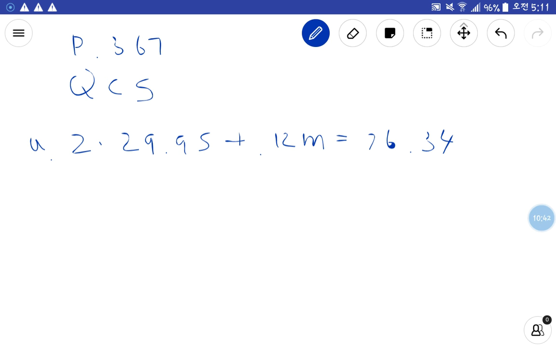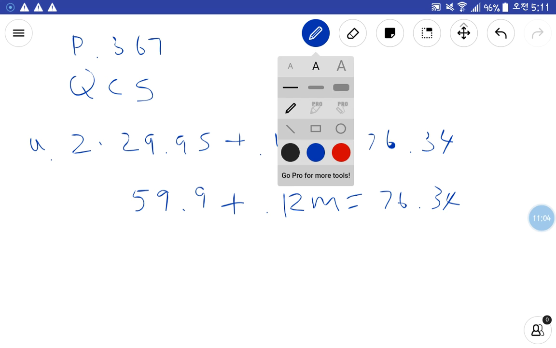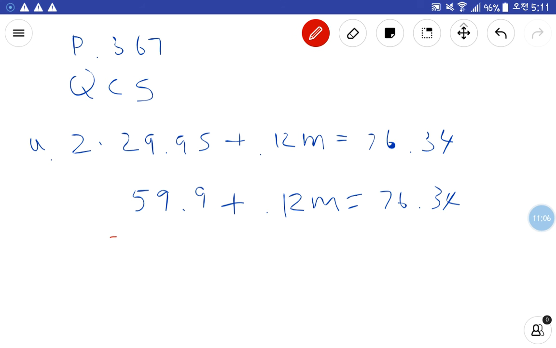Now they ask you to solve the equation to find how many miles Miss Smith drove the van. So I'm going to calculate this: 59.9 plus 0.12 m equals 76.34. Now I subtract 59.9 from each side.